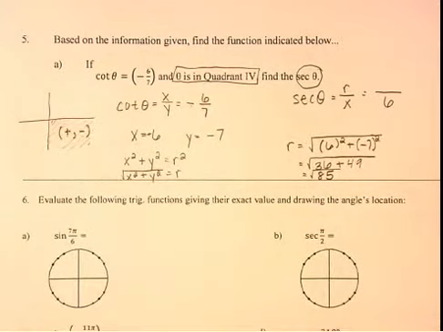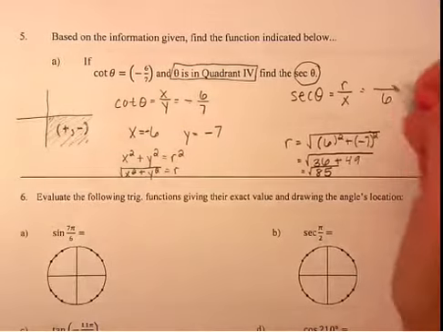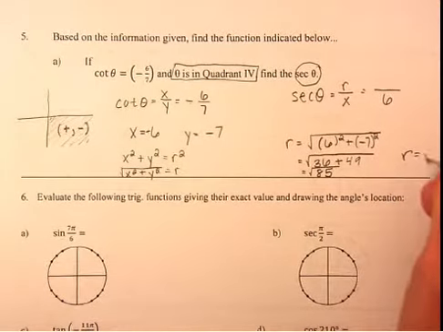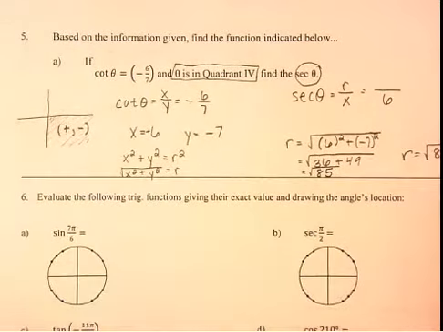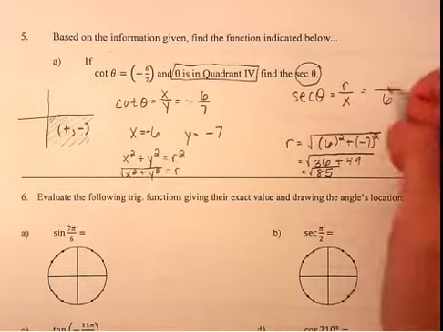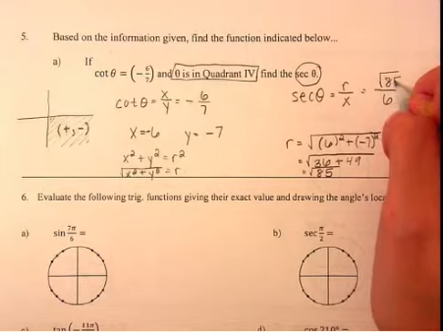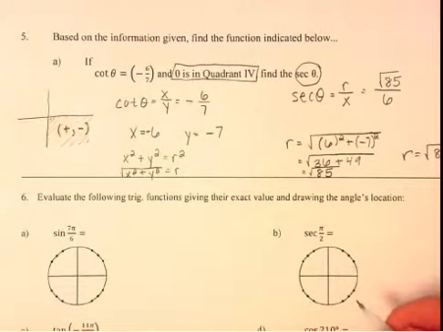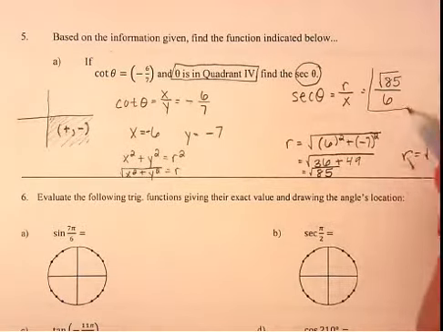Can I simplify this a little bit further? No, you can't. There is no perfect square that goes into 85. So this just stays as the square root of 85. And yes, it still is positive. Radius is always positive. So secant theta is just the square root of 85 over 6. And that's it.